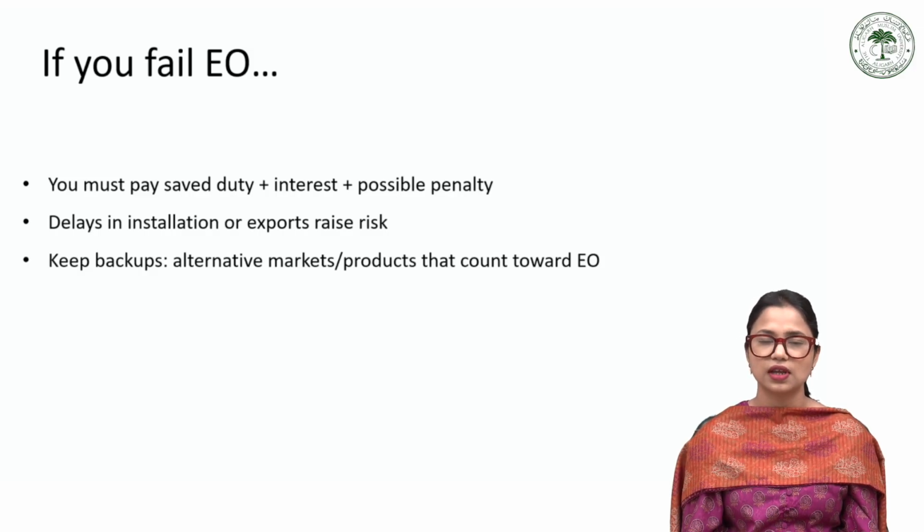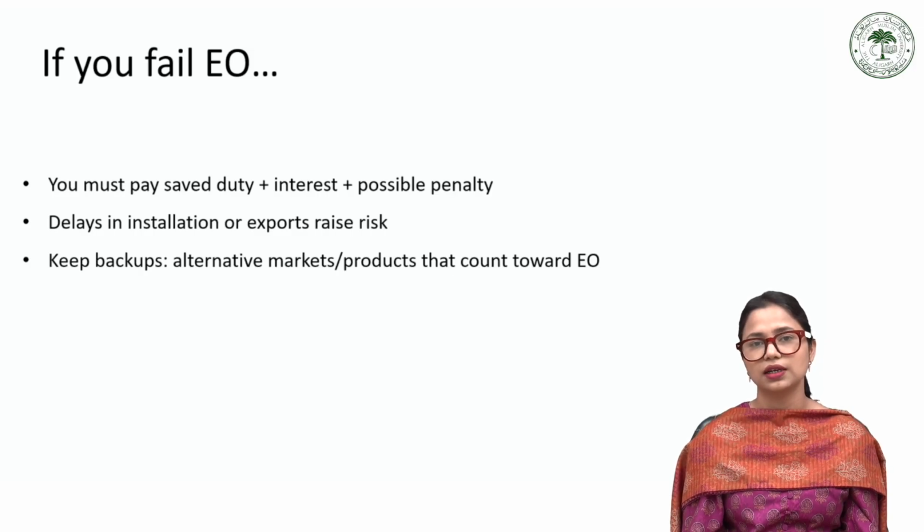As from our previous example, if they were required to export goods worth 1.2 crore within the next 6 years, and if they stop exports at around 1 crore and fail by only a margin of 0.2 crores, then also they will have to pay the saved duty plus interest plus some penalties that are applicable and are designed by the DGFT.